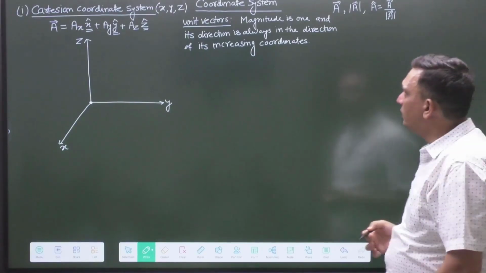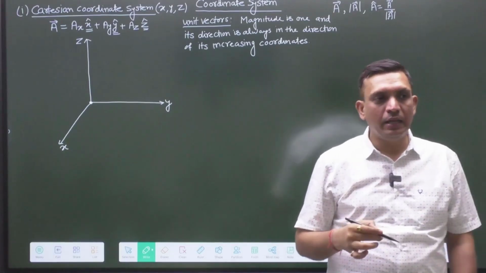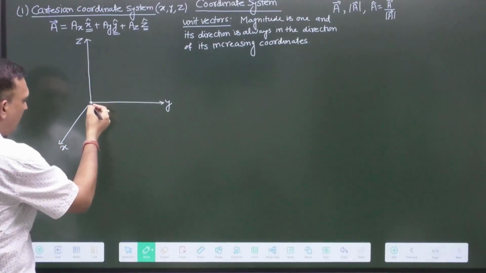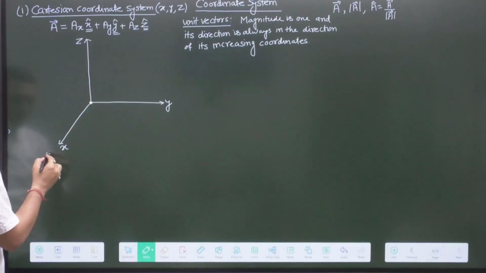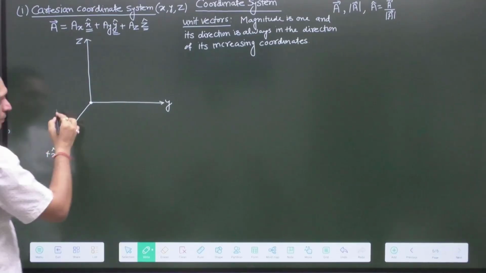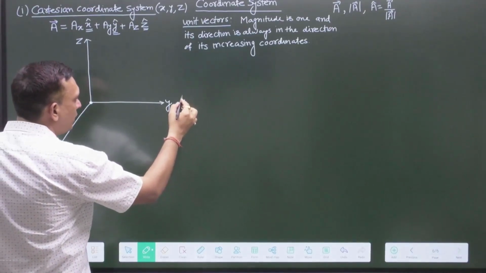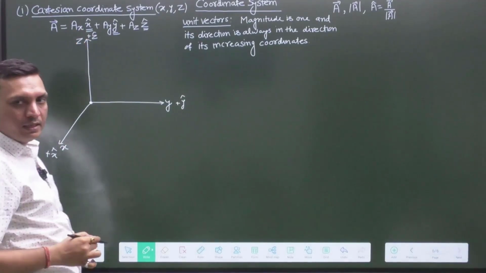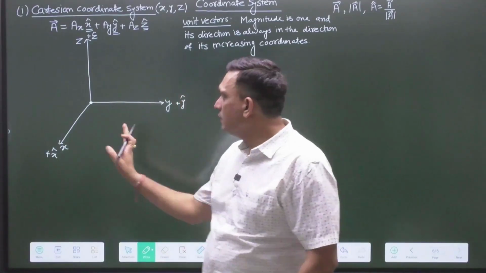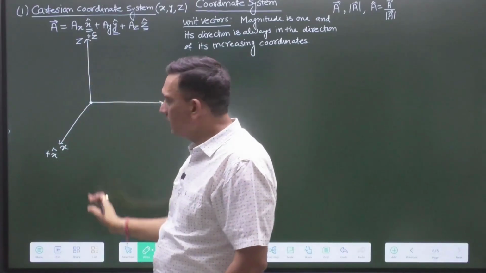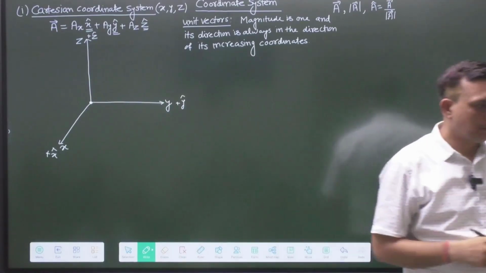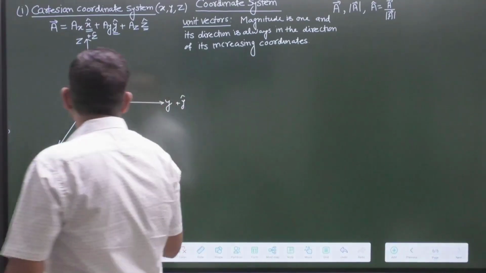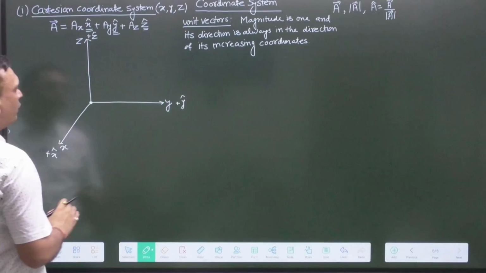Positive direction of a unit vector is in the direction of its increasing coordinates. For example, in this x is increasing, so this direction is positive x cap. This direction is positive y cap. So this direction is positive z cap. So negative direction is opposite to it. So this is minus x cap, this is minus y cap, and this is minus z cap. Okay? So we know the direction of the unit vectors.